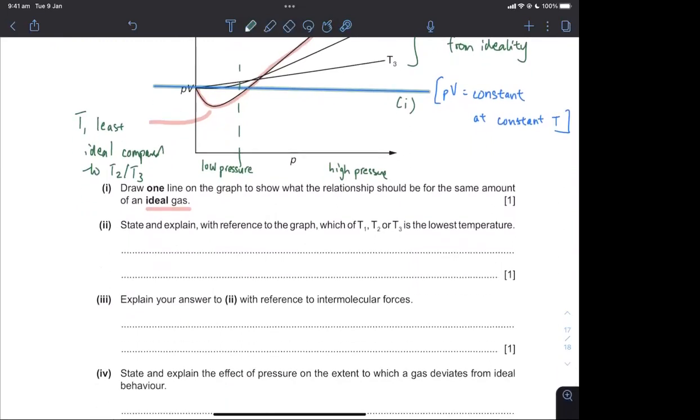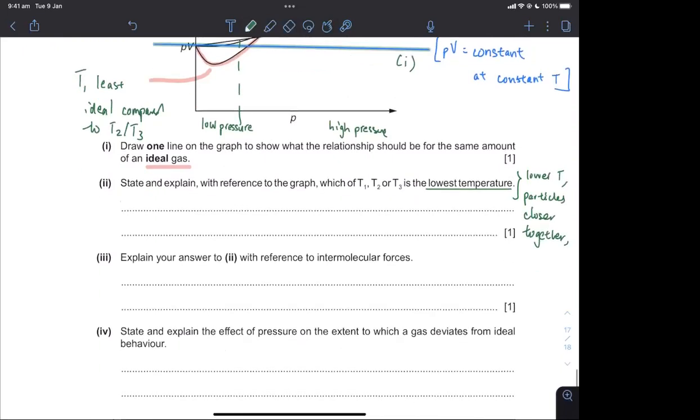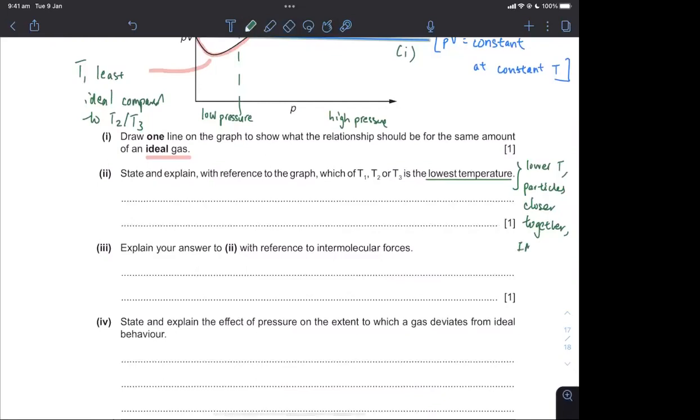Now, which one of these is the lowest temperature? I also talked earlier about the heating curve. Lower temperature would mean that particles are closer together, because they have less kinetic energy. Therefore the intermolecular force is less negligible. If the intermolecular force is less negligible, it means it is stronger.